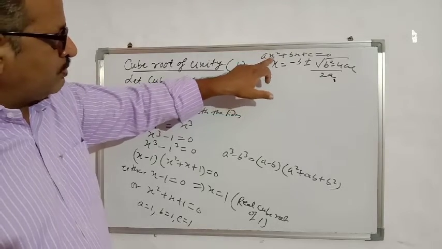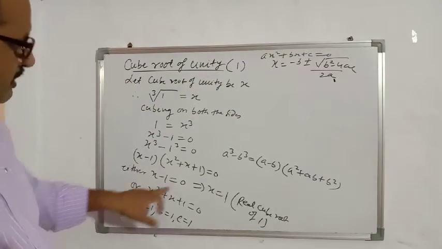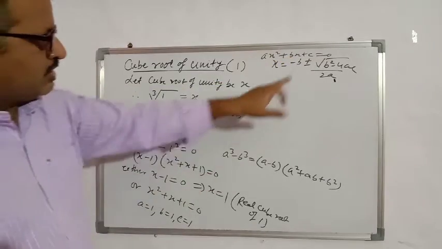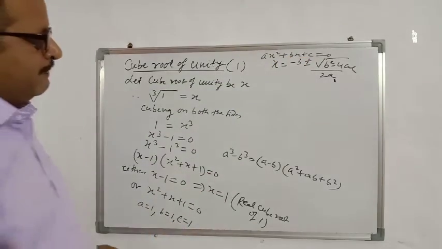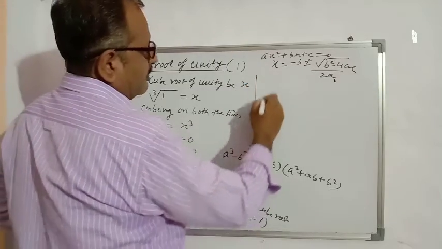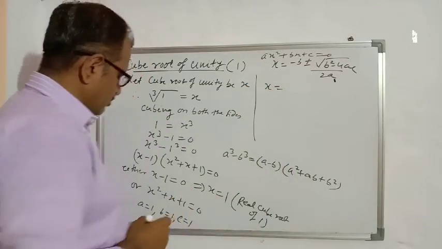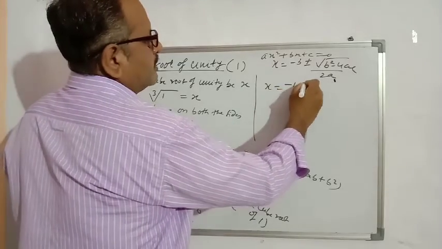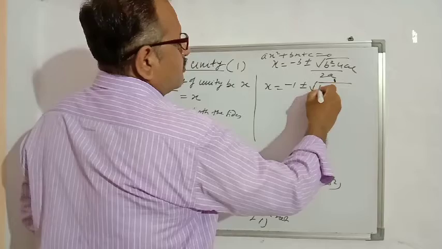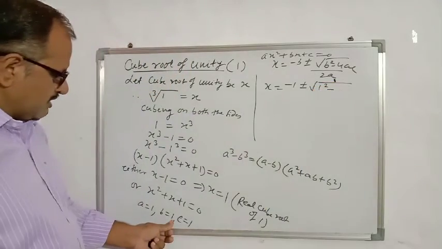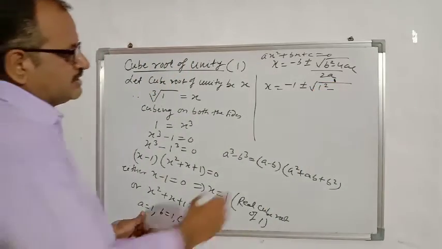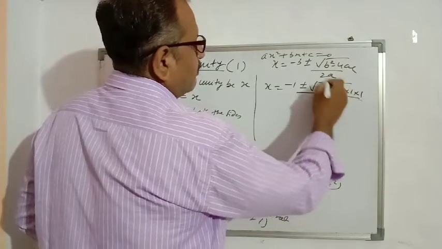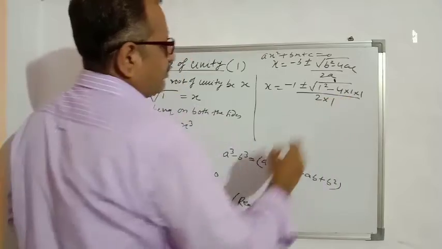So the coefficient of x square, a, is equal to 1. The coefficient of x is b, so b is 1. The constant term c is 1 here. So apply the Sridharacharya formula. X is equal to minus b, b is 1, so minus 1 plus minus under root 1 square minus 4ac, 4 into a is 1, c is 1, upon 2a, 2 into 1.